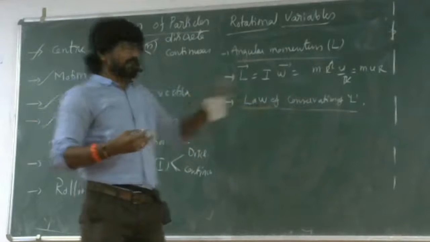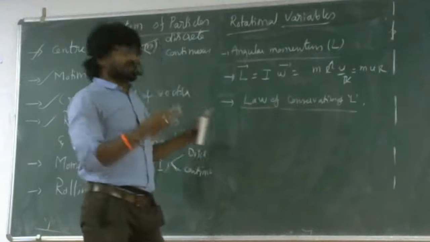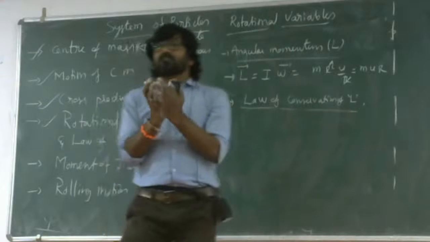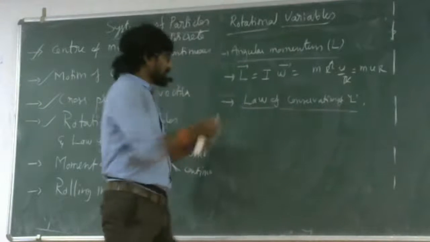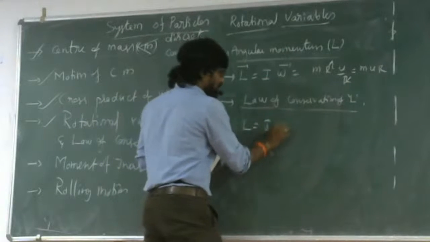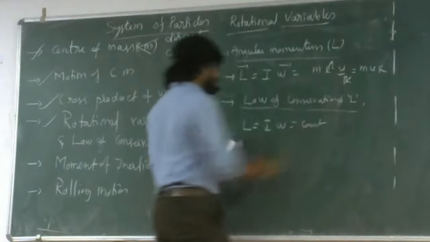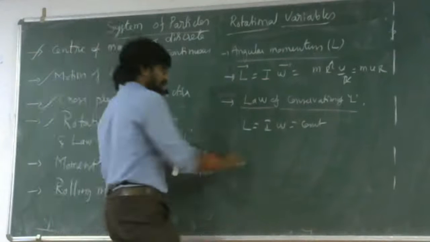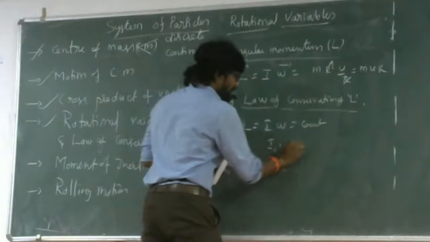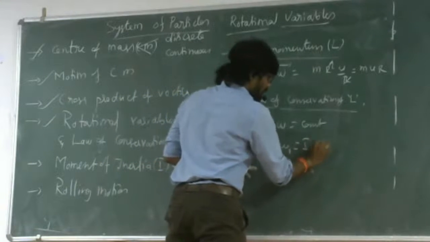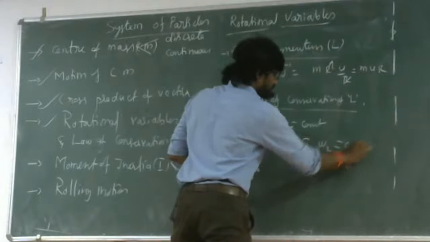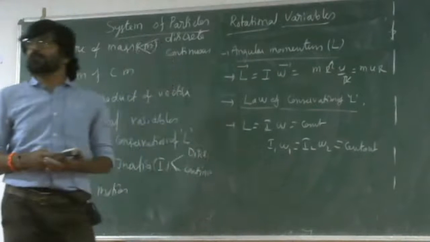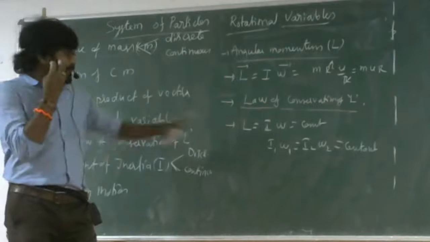Conceptually, just like in linear motion the net momentum of an isolated system always remains constant, here L is equal to I omega is equal to constant. This is the mathematical expression: I1 omega 1 is equal to I2 omega 2 is equal to constant. Got it? That is one way of representation.